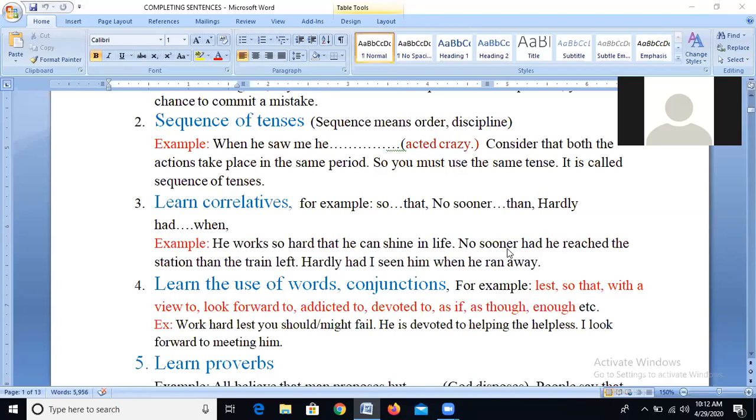Comparison between adjectives or comparison between adverbs. So sooner is the comparative of soon, as you have used here.